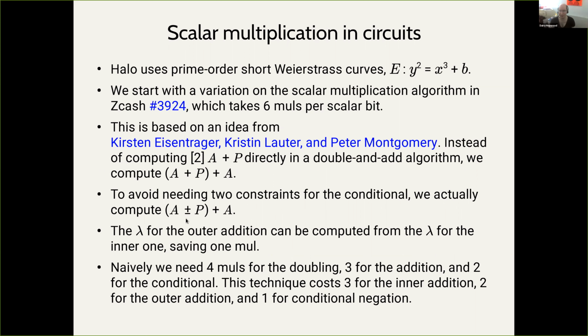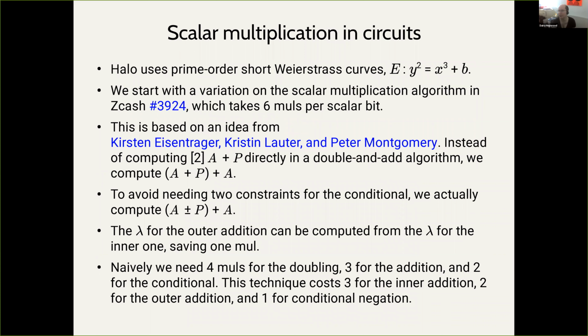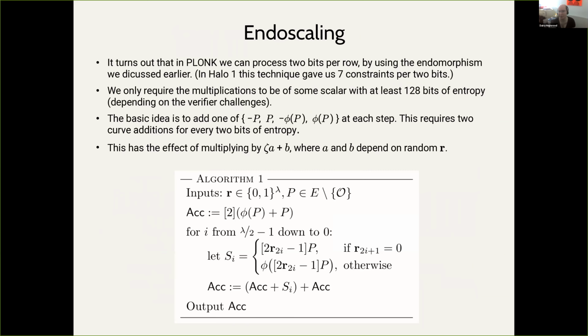And it turns out to be better to either add or subtract P rather than conditionally adding P. But we can do even better than that. The technique on this slide gets us down to 6 multiplications per scalar bit. But we can do better.